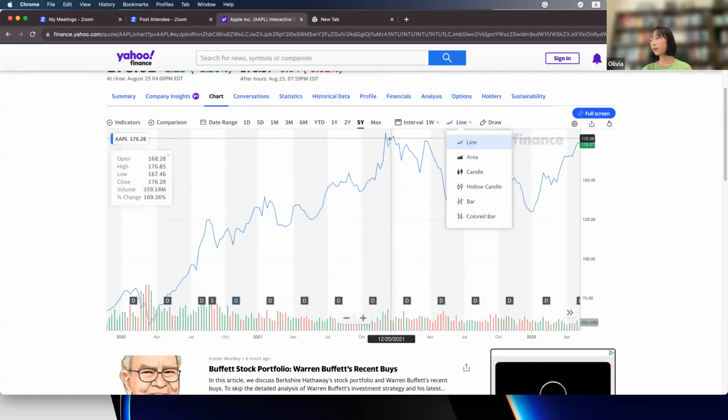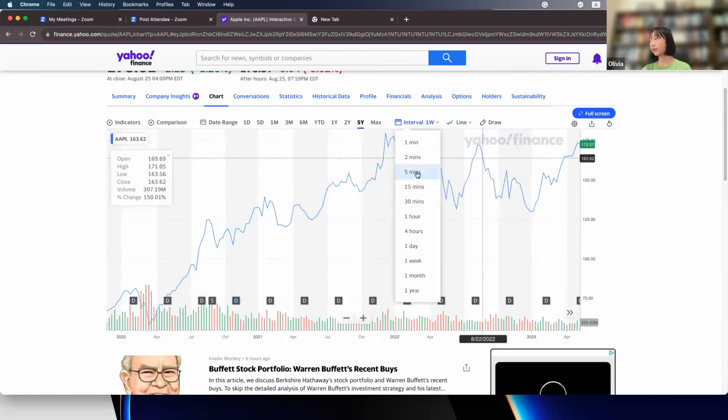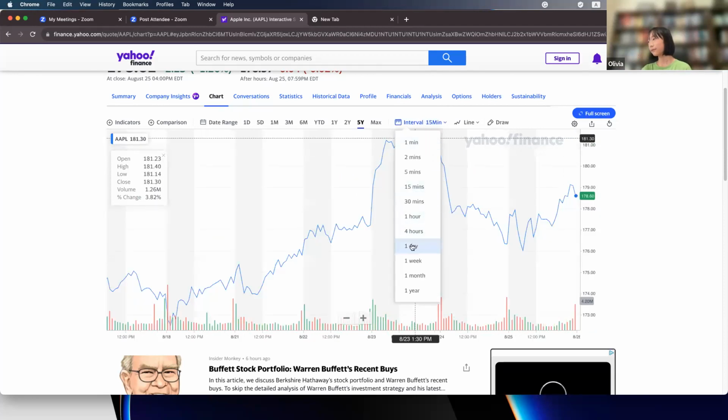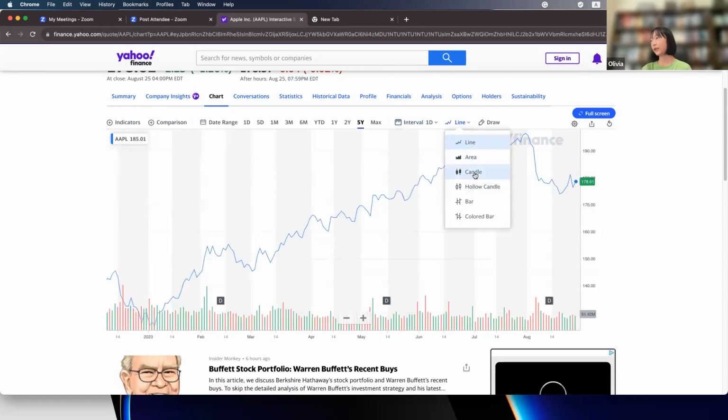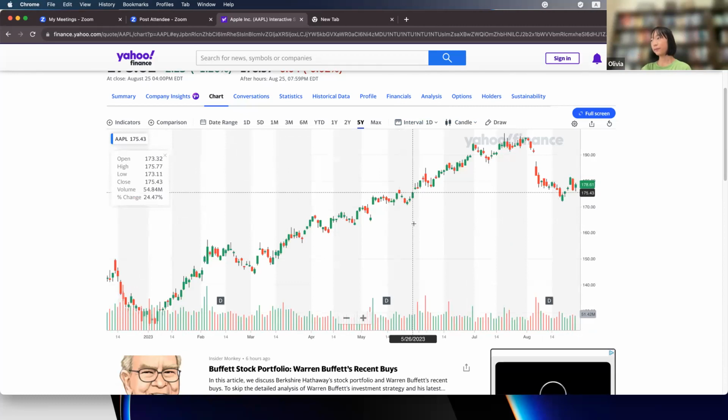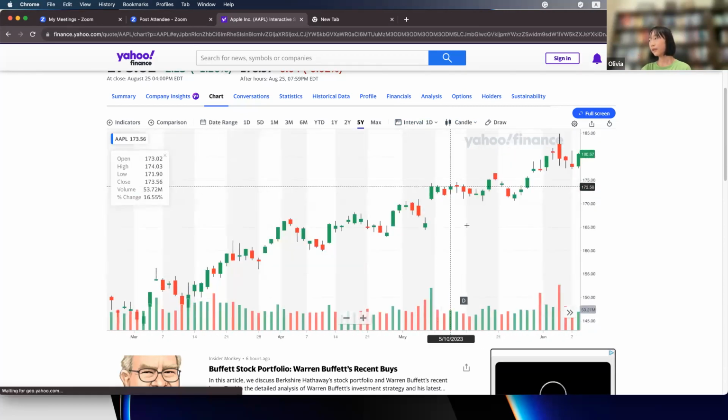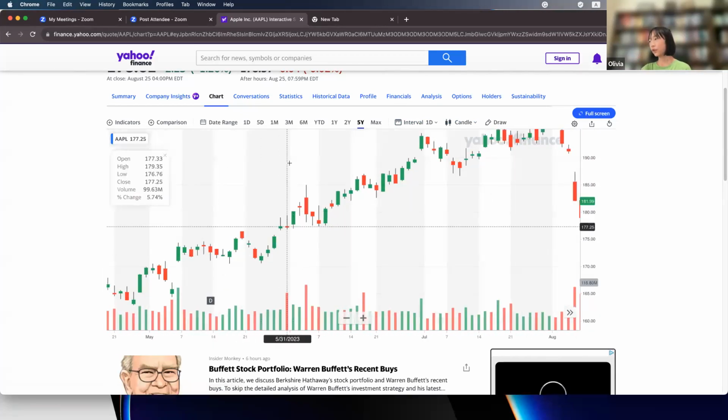So along with the line chart, and you can fiddle with this, there's also the candle chart we'll talk about today. As you can see here, the candle chart basically shows these long rectangular boxes that are either green or red over here.